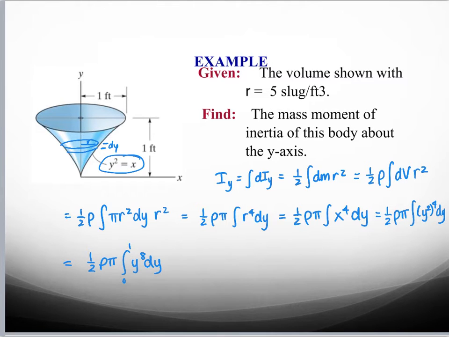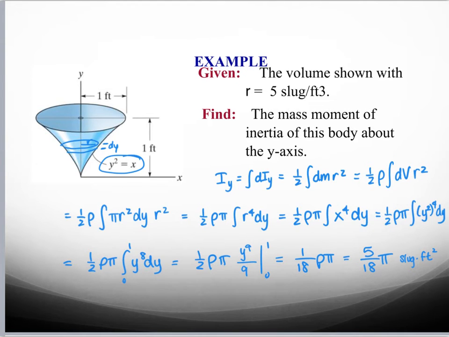Y is going to go from 0 to 1. So this is going to be 1/2 rho pi y to the 9th divided by 9, from 0 to 1. And so this is going to give me 1/18 times rho pi, and then rho is 5, so it's 5/18 pi, and this is the value for my moment of inertia, and it's going to be measured in slug feet squared.